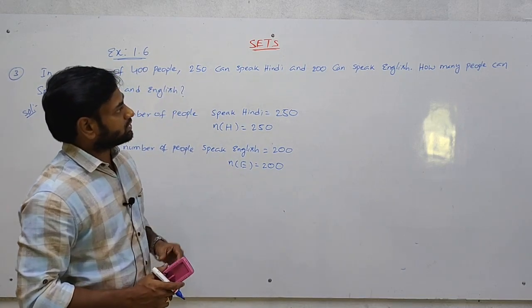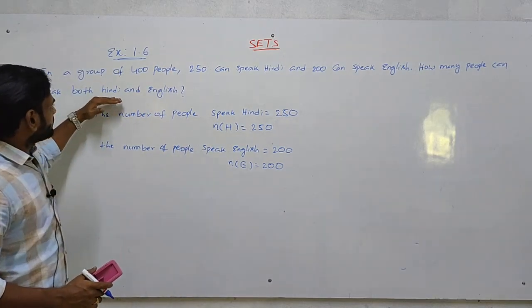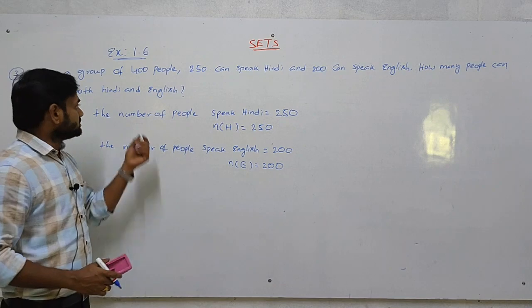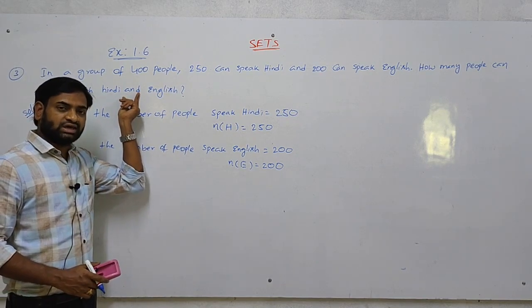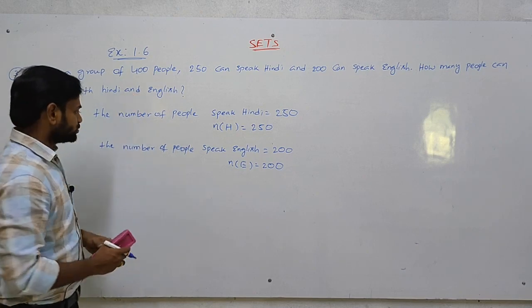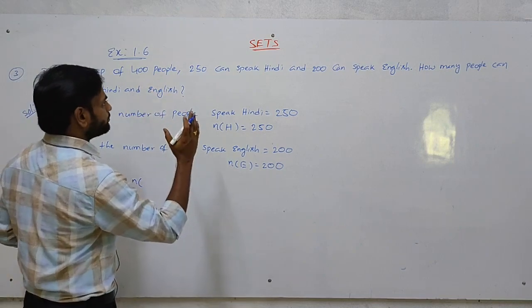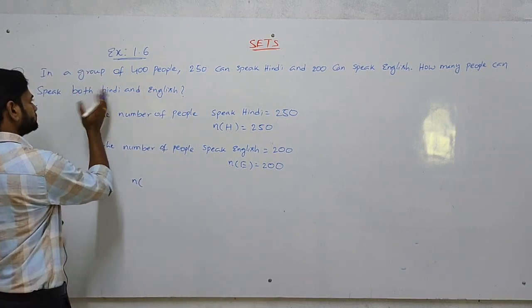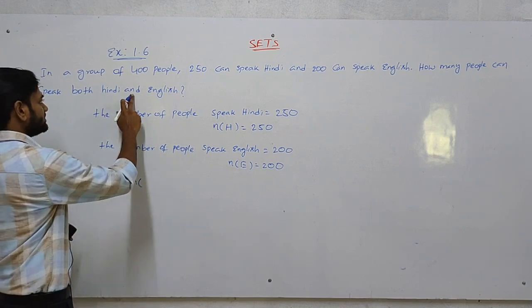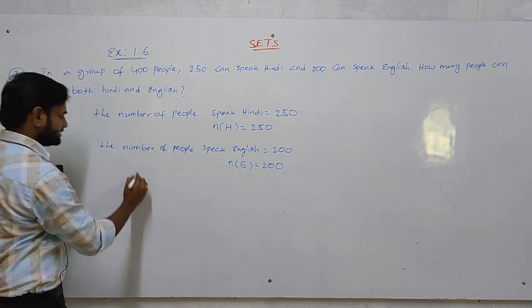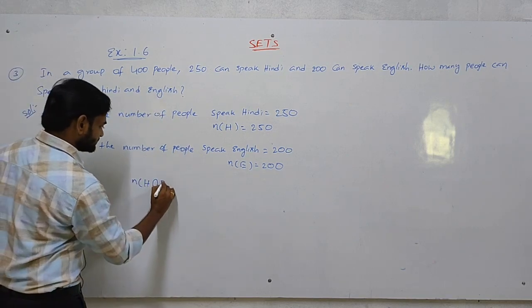Next, how many people can speak both Hindi and English? See here, and means intersection. In the formulas I gave, and means intersection. So we have to find n of H intersection E, Hindi as well as English.